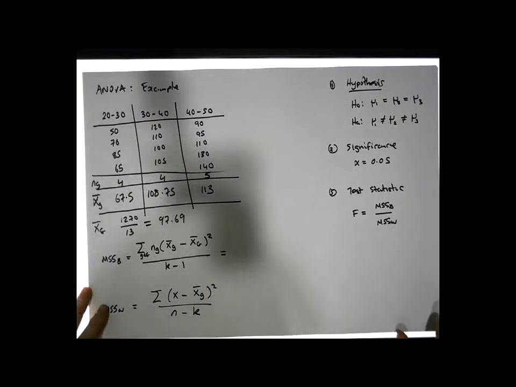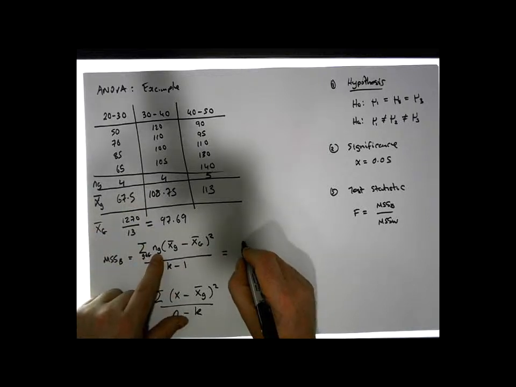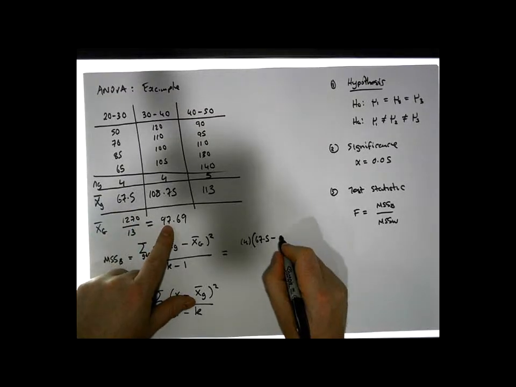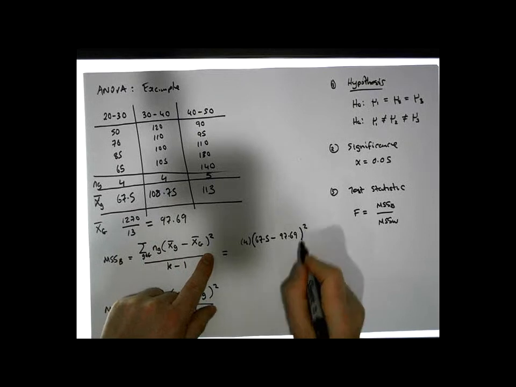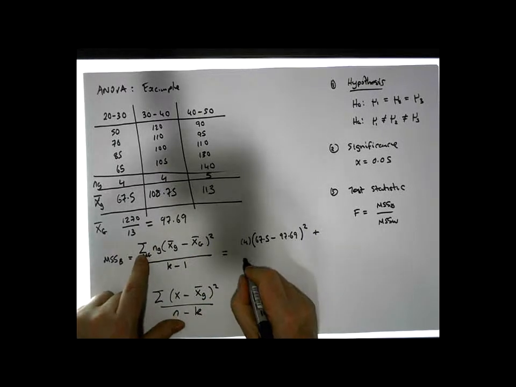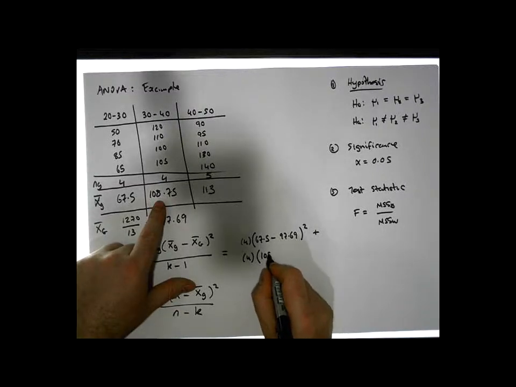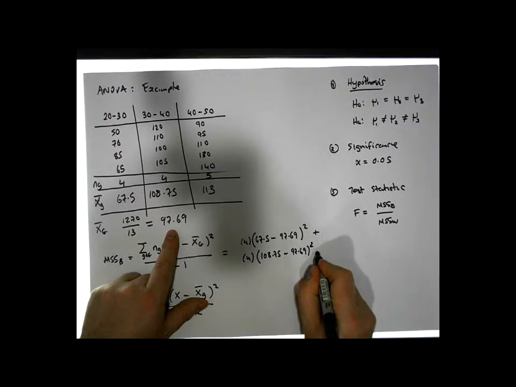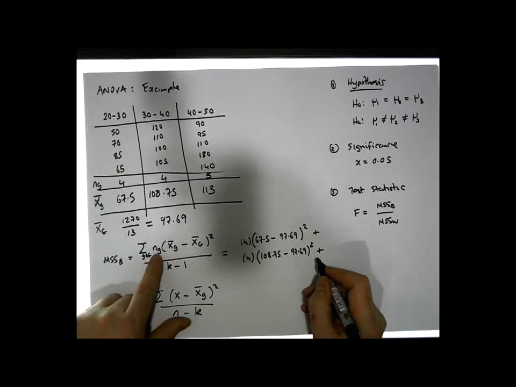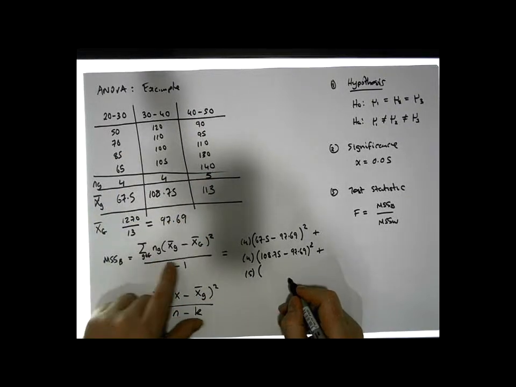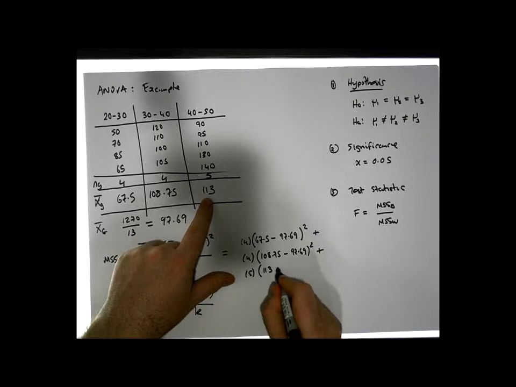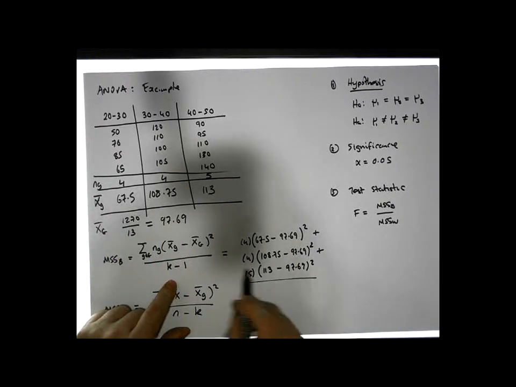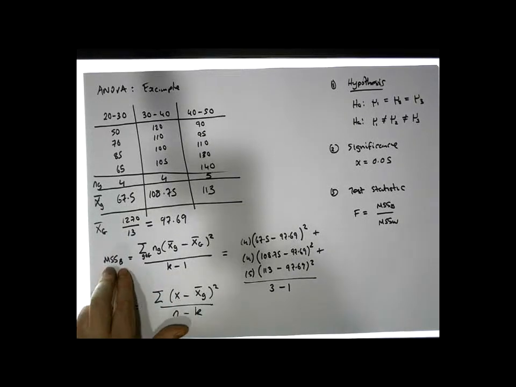So for the first group, the size 4 times its mean, 67.5, minus the global mean, 97.69, squared, plus 4 times 108.75 minus the global mean, 97.69, squared, plus, for the final group, its size 5 times its mean value, 113, minus the global mean, 97.69, squared. All of that needs to be divided by k minus 1, which is 3 minus 1. That gives us our mean sum of squares between measure.